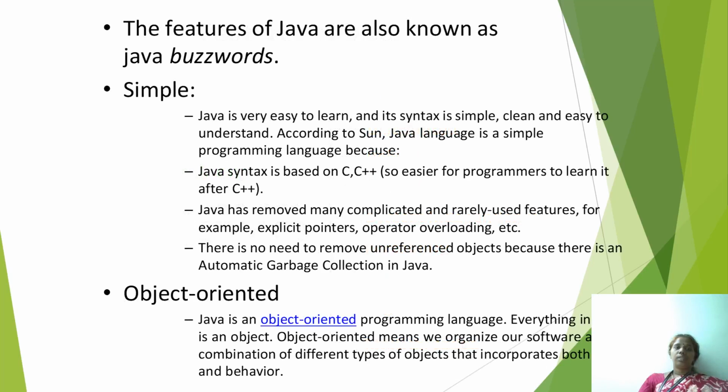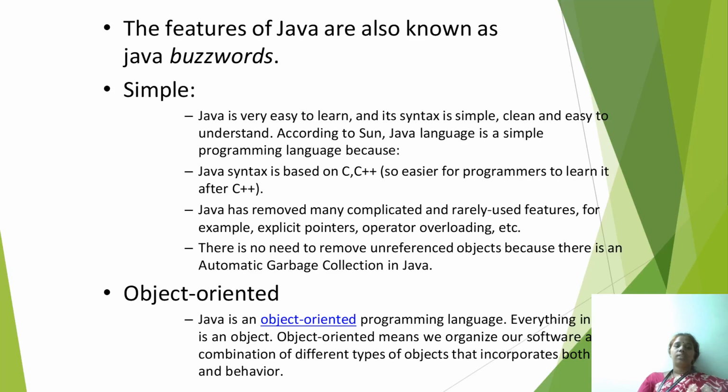Next we are going to see the features of Java, also called the Java buzzwords. The first feature is called simple. What is simple? Java is very easy to learn and its syntax is simple, clean and easy to understand.